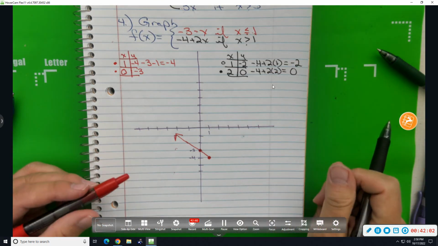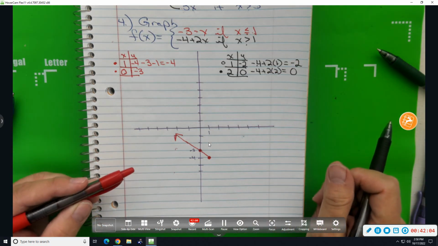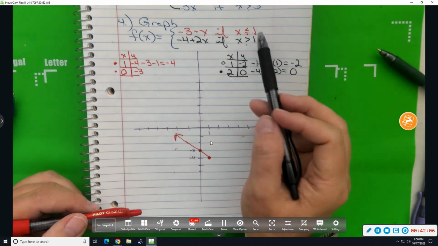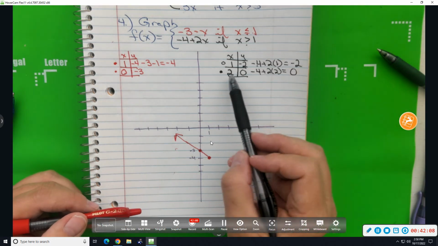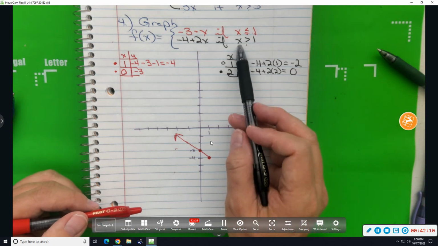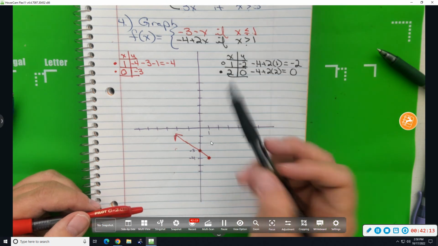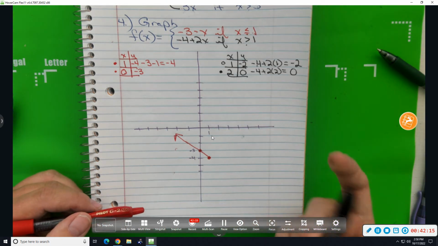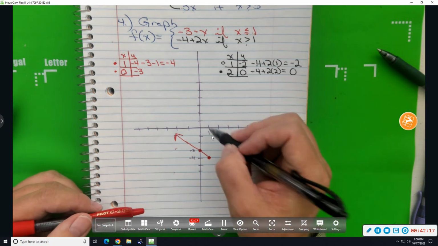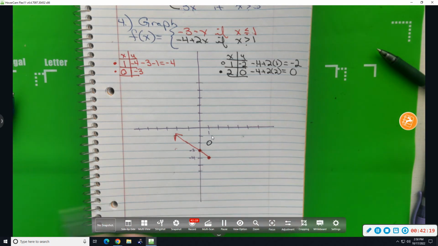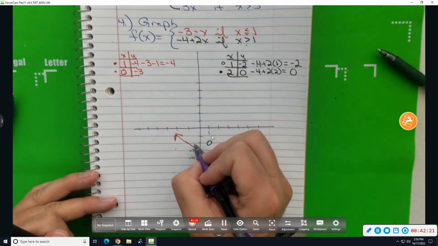We're plotting points, but we're plotting the points intelligently. We start off with the cut point, and then we choose an x value that satisfies the inequality to get our secondary point. So 1, negative 2, we go down, we have an open circle there at 1, negative 2.